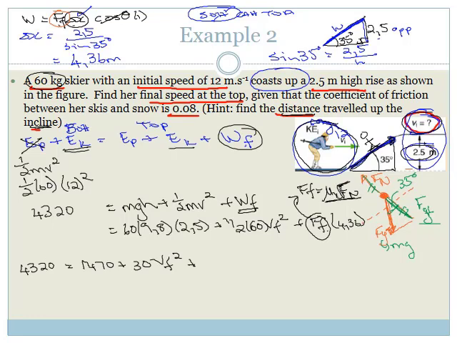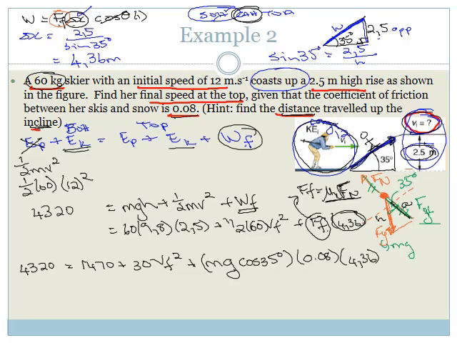The force of friction is mu k Fn, which is going to be the mass times the gravity, okay, which is, then it's going to be, this is the adjacent side, and this is the hypotenuse. So if we look over here at the top, that is going to be cos. So it's going to be mg cos of the angle, which is 35 degrees, times our mu k, which in this case is 0.08, times the displacement, which is 4.36.